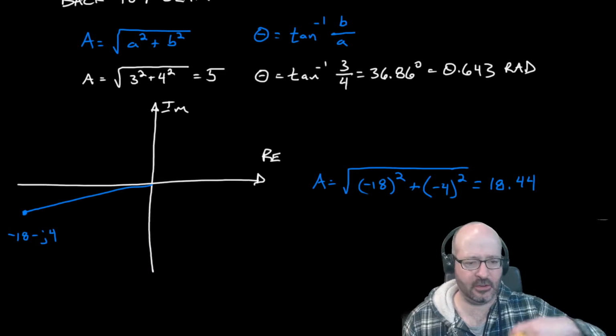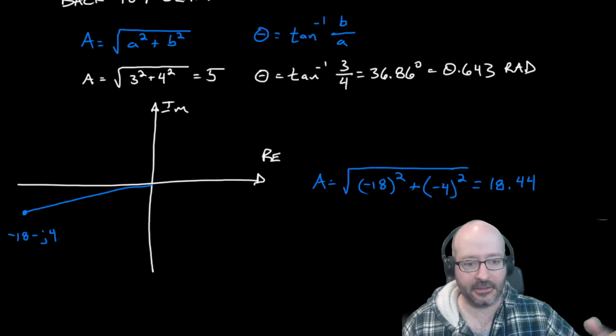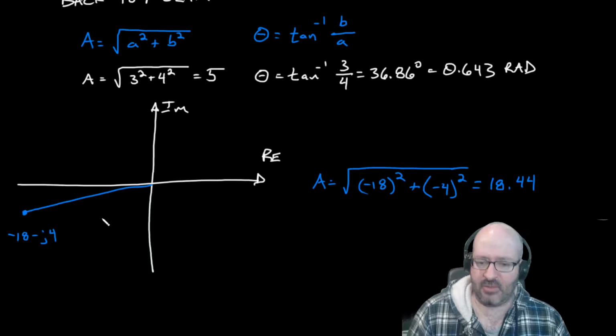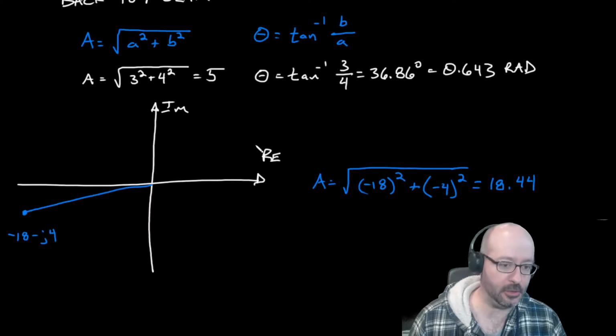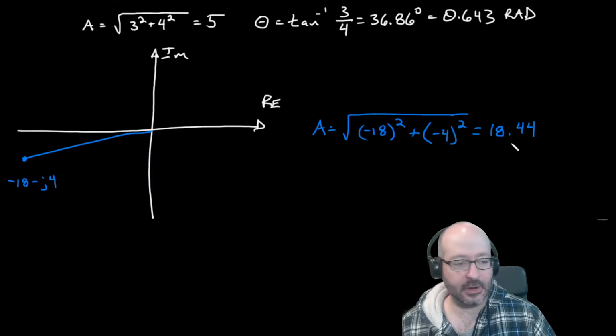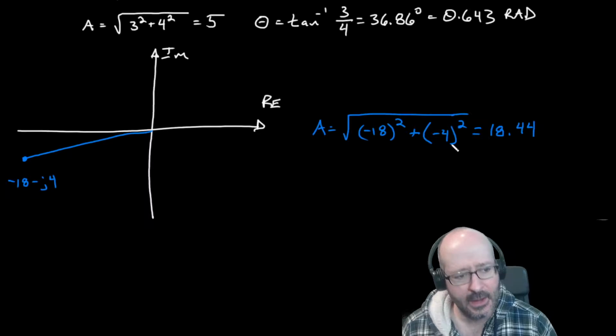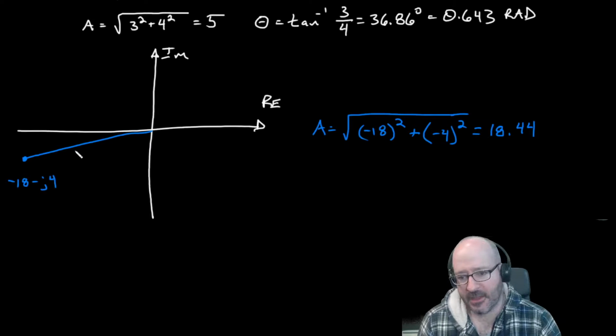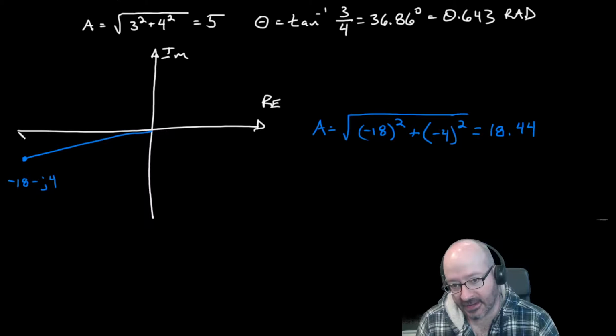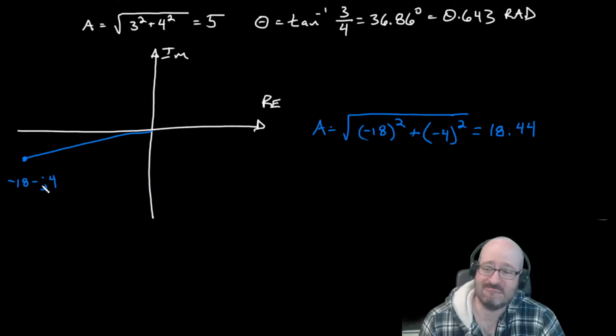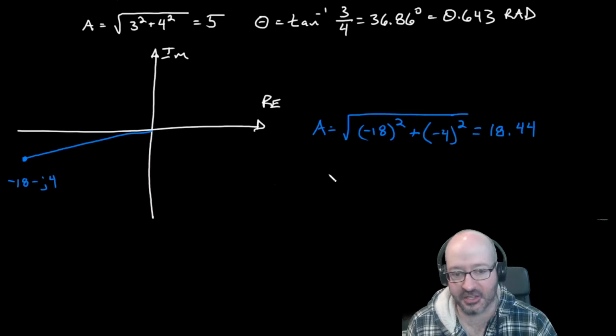It could be volts, it could be amps, it could be meters. It represents something in the real world. But right now it's just 18.44 unitless. Okay. And, you know, that feels about right because this part's 18, so we know it's got to be a little further than 18. So 18.44, yeah, you know, it passes the gut check.